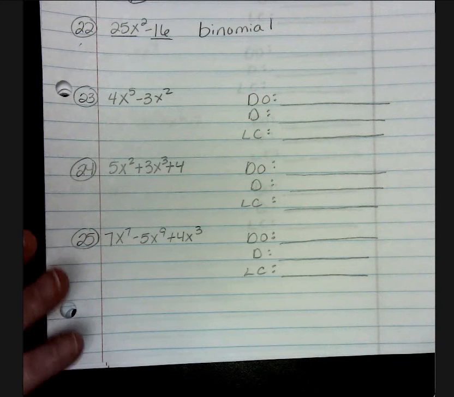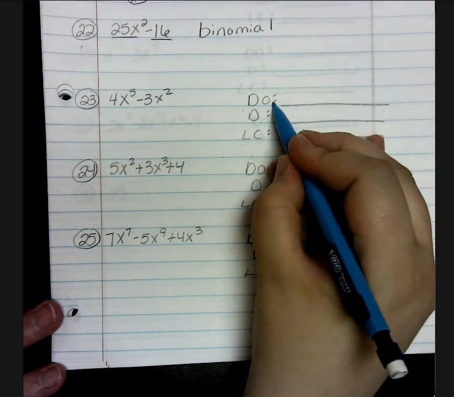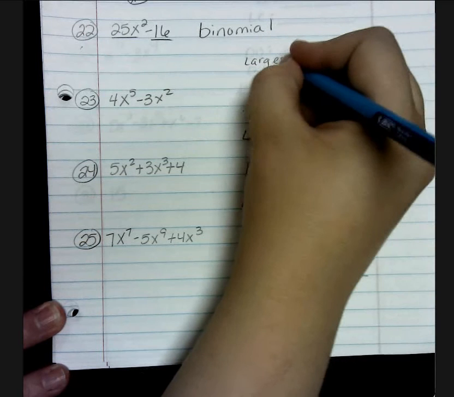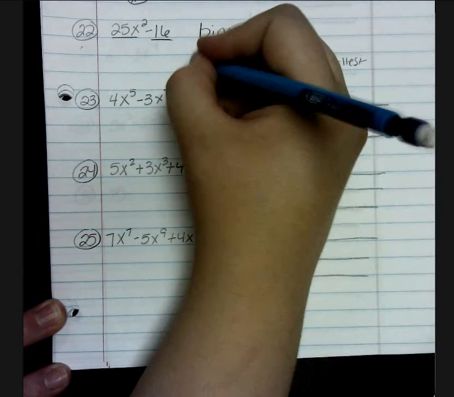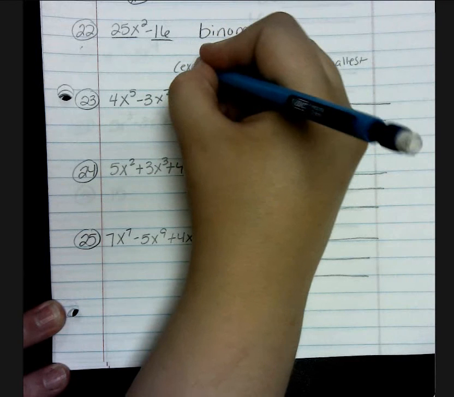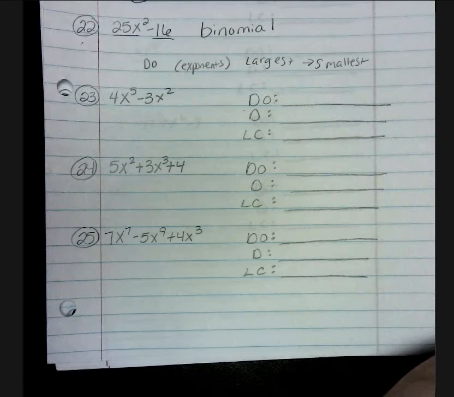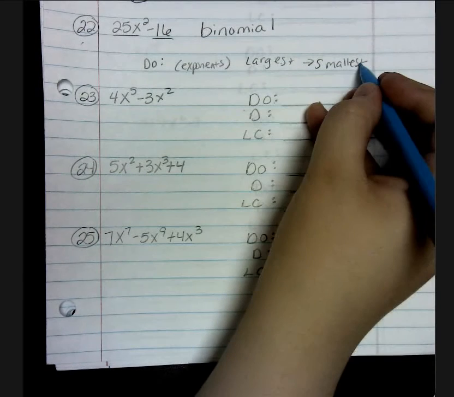So DO is going to stand for descending order, and that's when we have all of our exponents from the largest to smallest, the way you read from left to right.